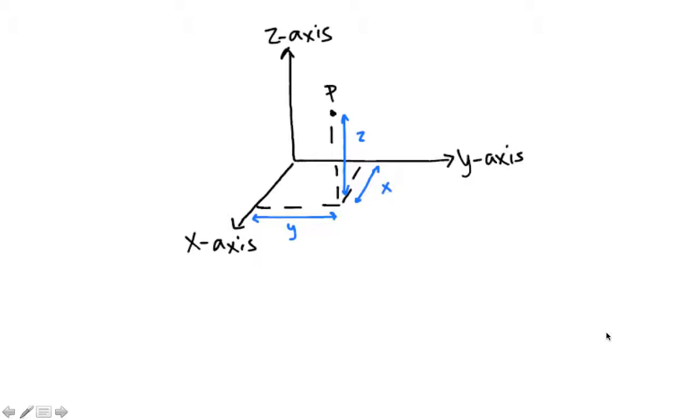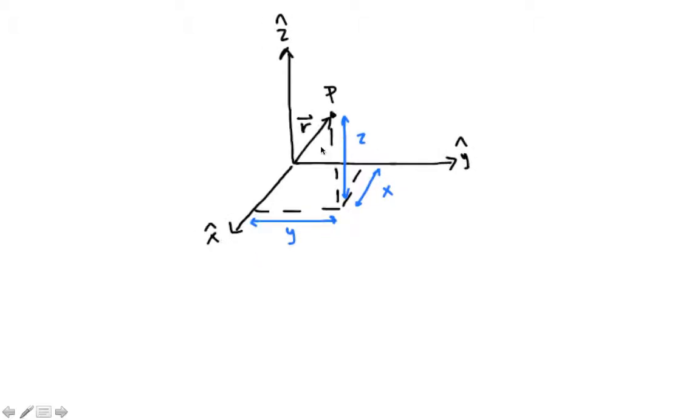Every coordinate system needs to uniquely identify a point, say P. In Cartesian coordinates, you have three coordinates: x, the distance along the x-axis, y, the distance along the y-axis, and z, the distance along the z-axis. The displacement vector is the vector between the origin and our point P. This vector can be written in two ways.